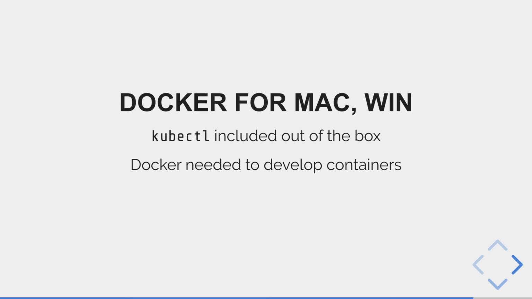The only downside is that the version of kubectl that's included with Docker for Mac and Windows tends to also be several versions behind, and this can cause some weird API compatibility issues which look like user error, but they're not. They're version errors. So in general, for the first time, I highly recommend that you use the dist first.